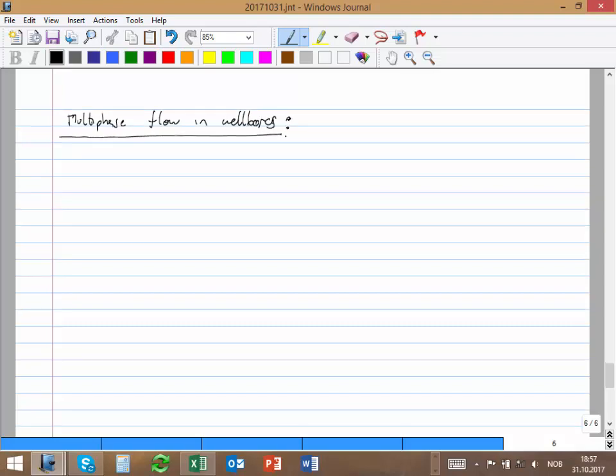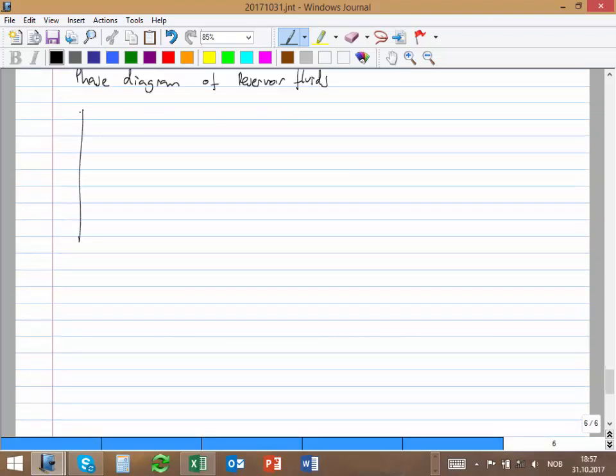Okay, so remember that for every hydrocarbon, or any composition, we have the phase diagram of reservoir fluids. We have P and T, and some lines that define the envelope.